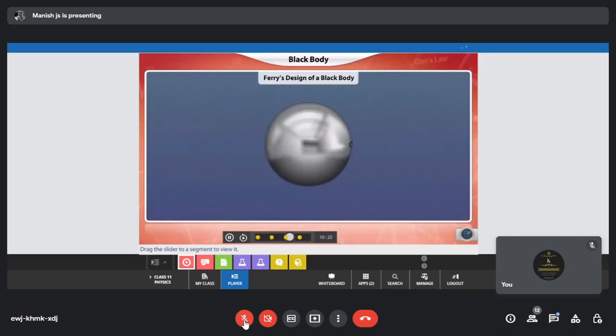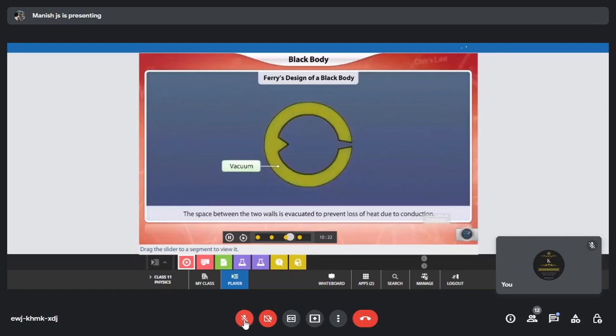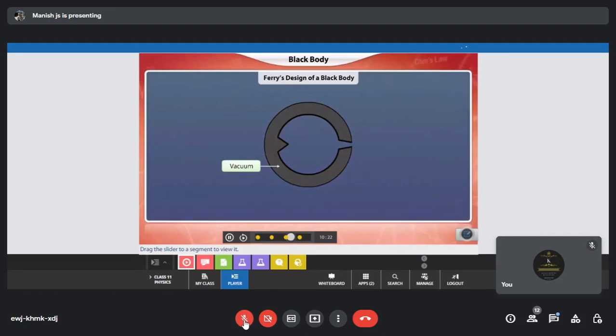Ferry's black body consists of a hollow, double-walled, metallic spherical shell. The space between the two walls is evacuated to prevent loss of heat due to conduction. The inner surface of the spherical shell is coated with lamp black. There is a narrow opening to the spherical shell and a projection opposite to the opening.